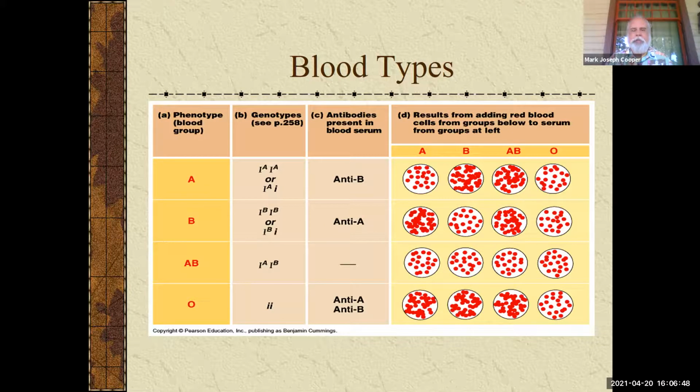But anyway, the other thing you should know about this is when this becomes extremely important will be pregnancy. Because if a woman is negative type blood and she has a positive baby, there can be an issue.